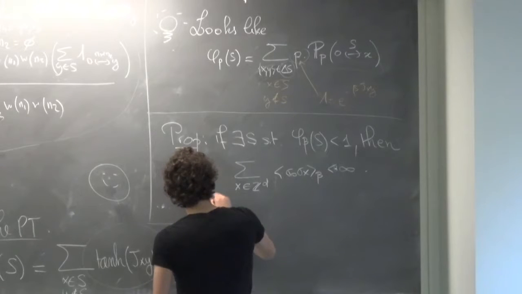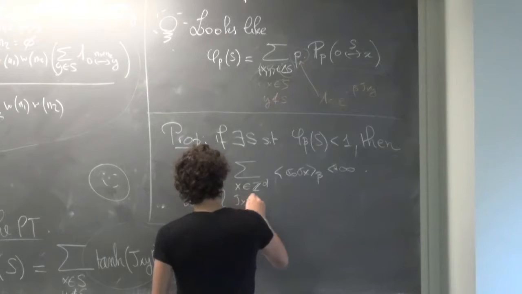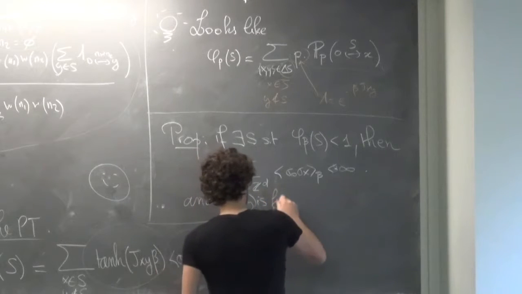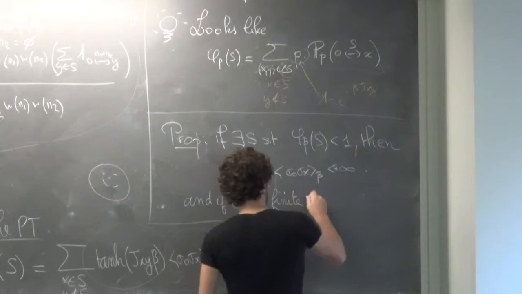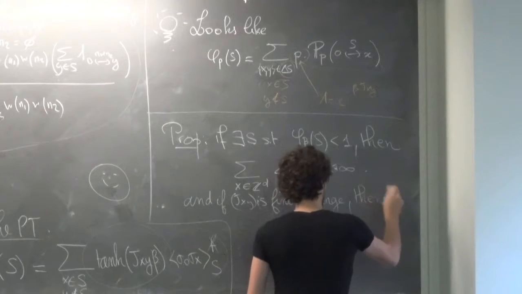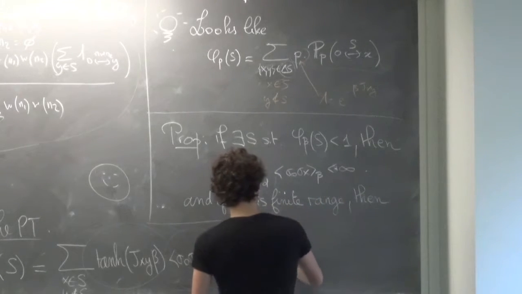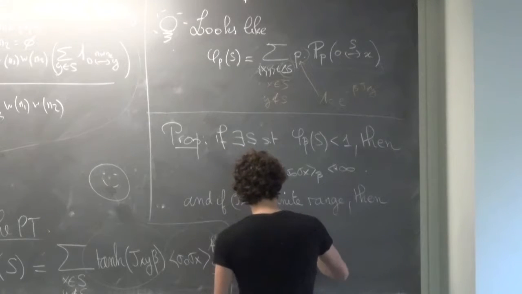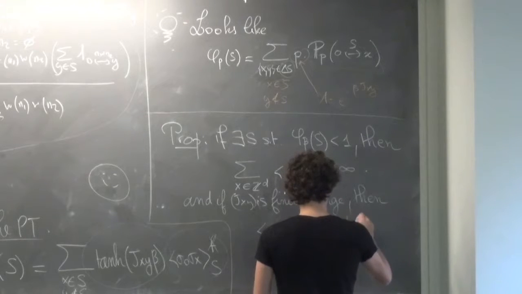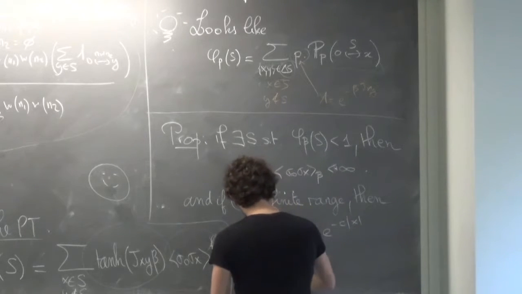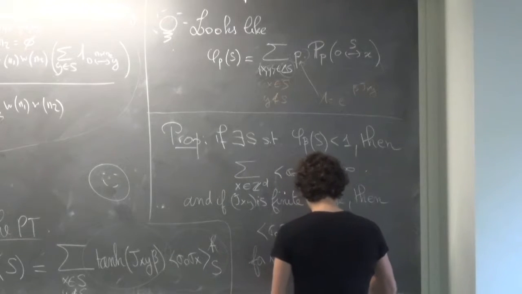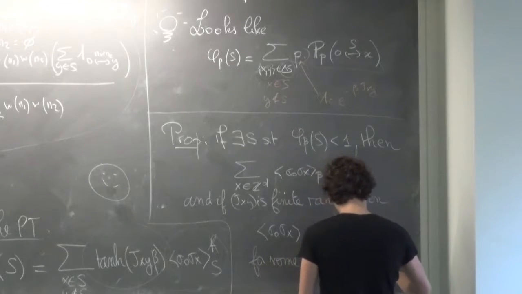And if J_xy is finite range, then indeed you get that <sigma_0 sigma_x>_beta is smaller than exponential of minus c|x| for some c which depends only on beta.